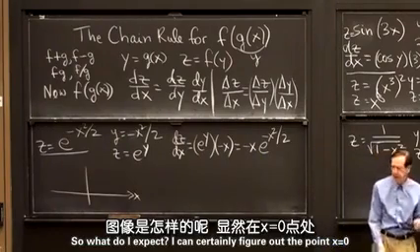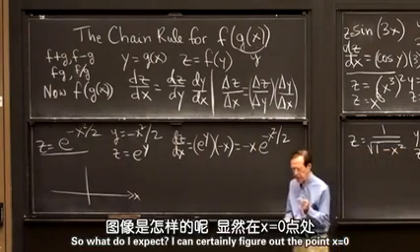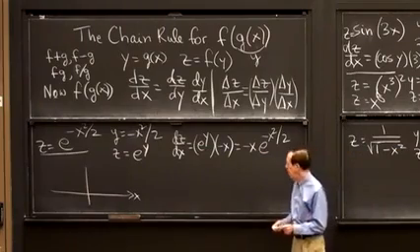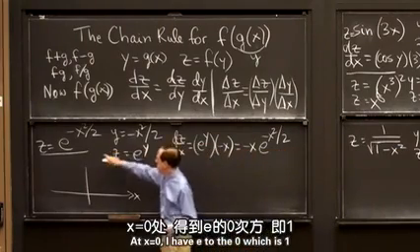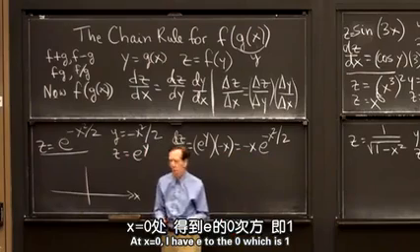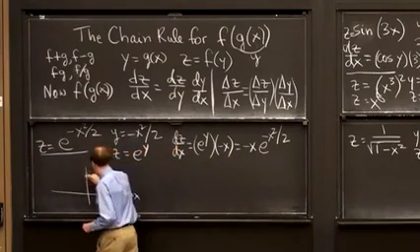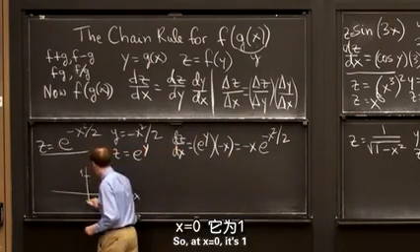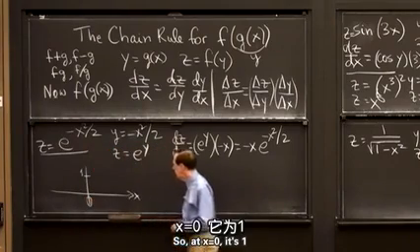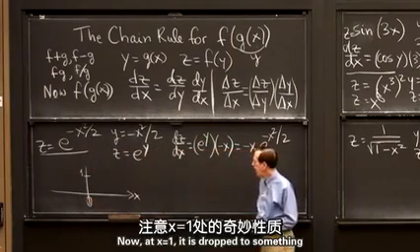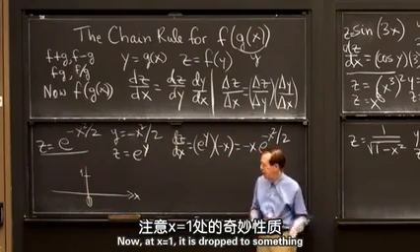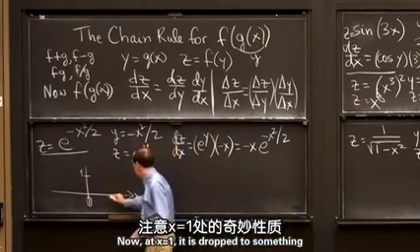Okay, so what do I expect? I can certainly figure out the point x equals 0. At x equals 0, I have e to the 0, which is 1. So at x equals 0, it's 1. Now at x equal to 1, it has dropped to something.